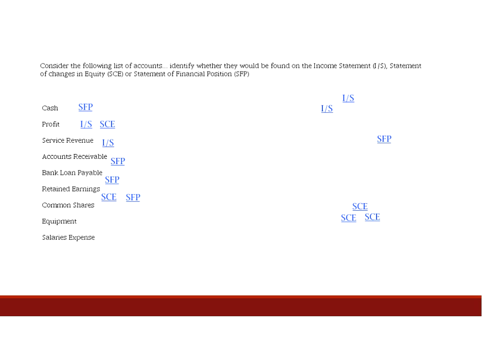Okay, common shares, we saw those under our statement of changes in equity. Remember, we tracked if we had issued or redeemed any shares. As well, we showed that on our statement of financial position underneath the shareholders' equity section. Equipment we saw on our statement of financial position as an asset. And salaries expense was one of those expenses under our income statement.